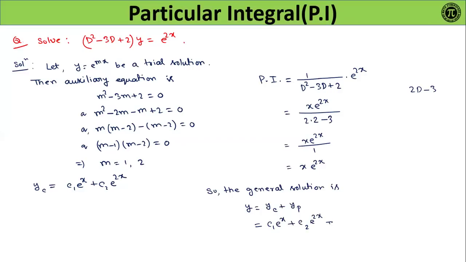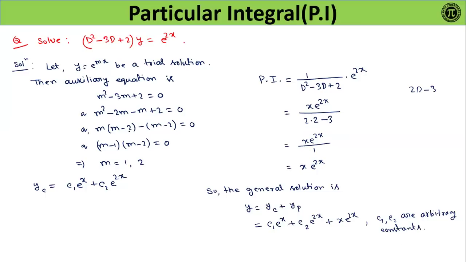Plus what is yp? x e to the power 2x. This is your final solution, where c1 and c2 are arbitrary constants. Okay, this is the final solution.